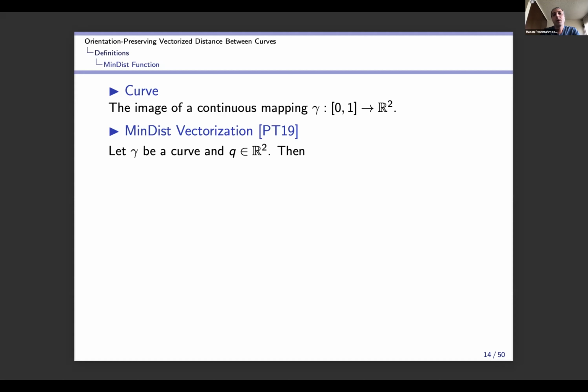For a curve gamma and a landmark point q in R^2, they define the function v_gamma(q) by taking the distance of the point q from gamma. Gamma is a compact subset of R^2, so the minimum is attained, and this function is well defined.